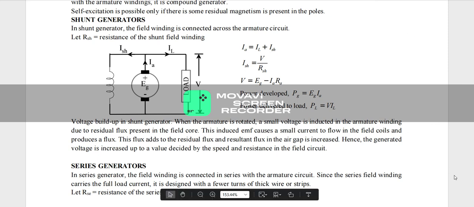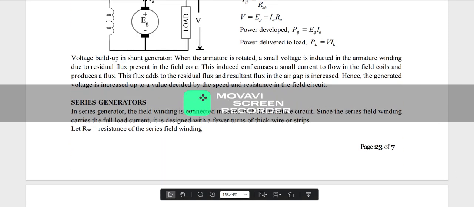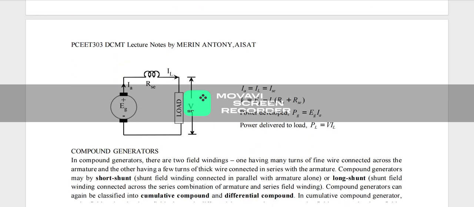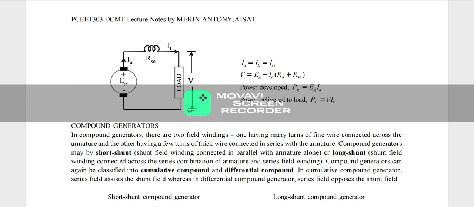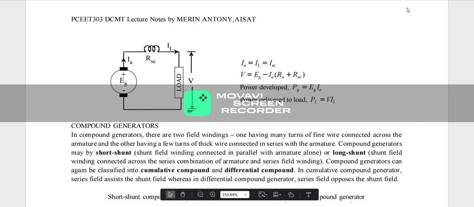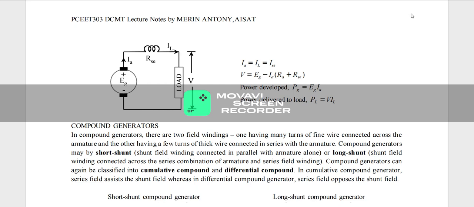Similarly, we can write the DC series generator voltage equations. Series generator is mentioned here. You can see that in series generator, both the field winding and the armature are connected in series, right? So the current produced in the armature IA will always be equal to ISC.